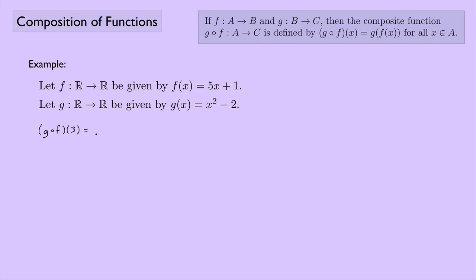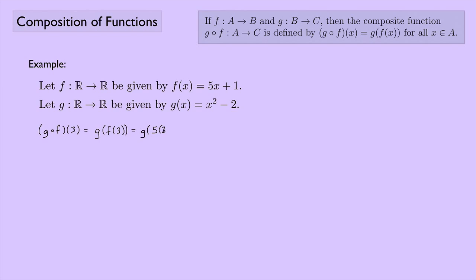Okay, so this is going to be g of f of 3, just using this definition up here. And this is going to be g of, okay, f of 3. Well, f of x is 5x plus 1, so f of 3 will be 5 times 3 plus 1.